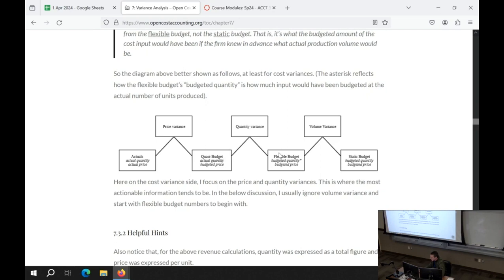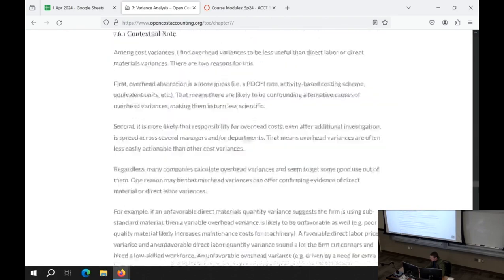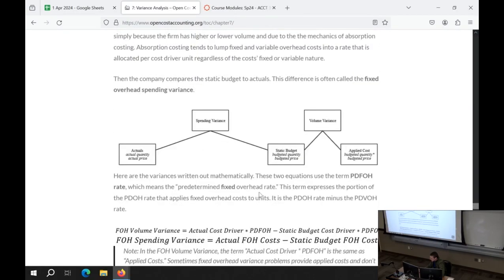And with the fixed overhead, we're going to get rid of this quasi-budget and the flexible budget. We're going to get rid of both of these. We have actuals, static budget, and we have another one over here, which is applied costs. Let's go down way over here. And so we have actual fixed overhead costs, and how much we budgeted for fixed overhead costs, because they shouldn't vary. They're fixed overhead costs. They should be the same.